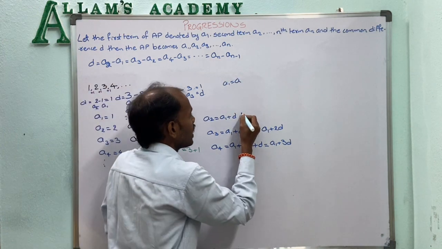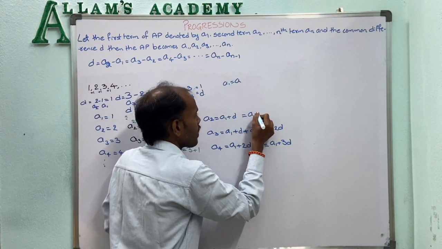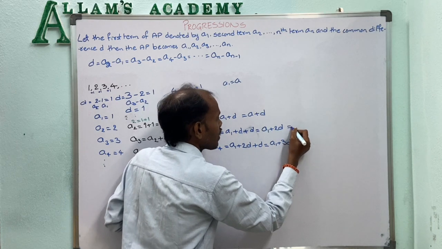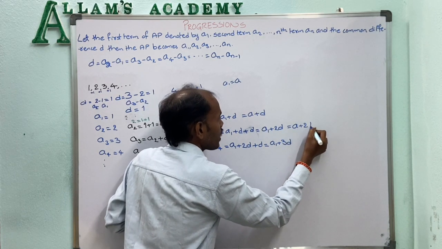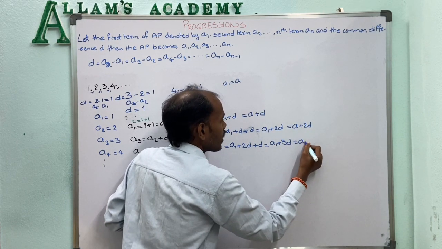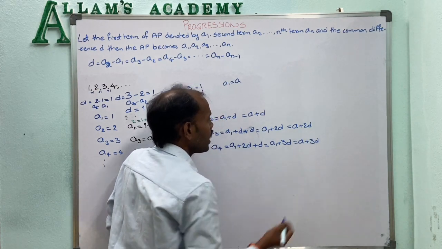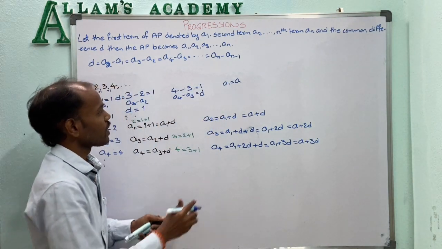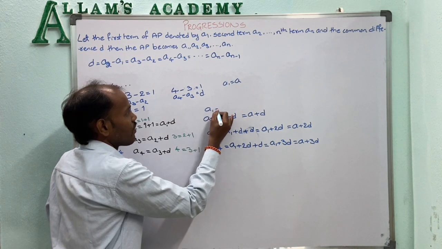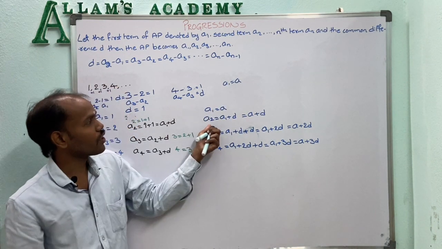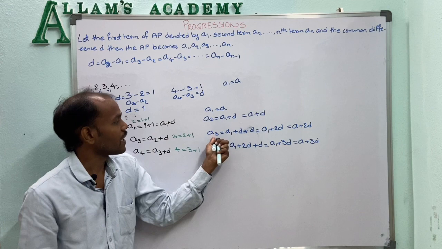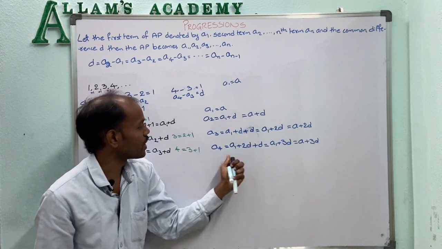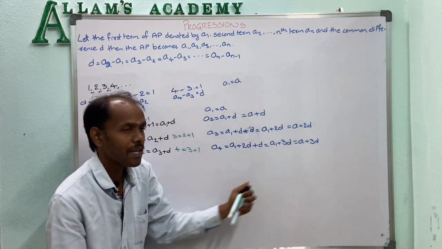Now the first term A1 will be indicated as A. So we can write A2 equal to A plus D, A3 equal to A plus 2D, A4 equal to A plus 3D. If we observe, A1 is equal to A, A2 equal to A plus D, A3 equal to A plus 2D, A4 equal to A plus 3D.